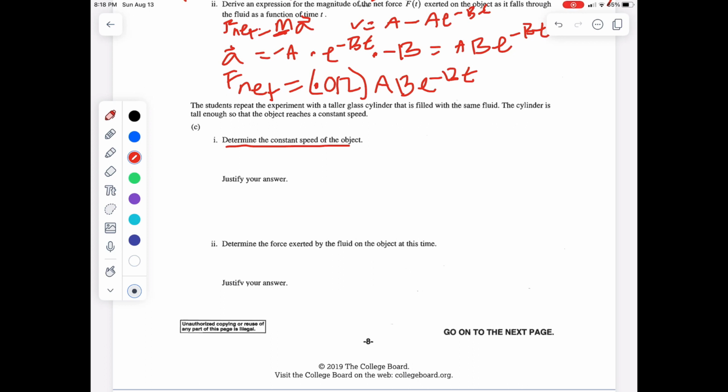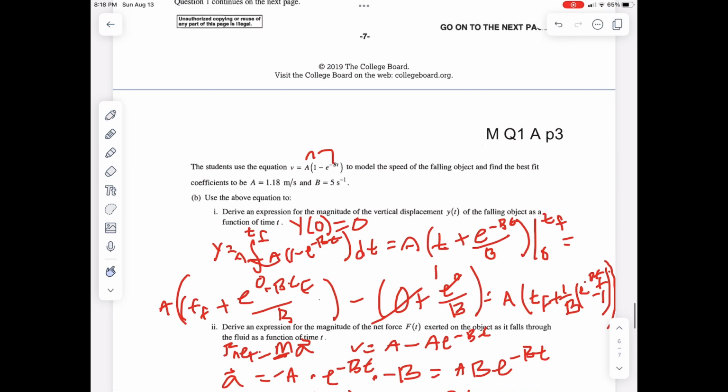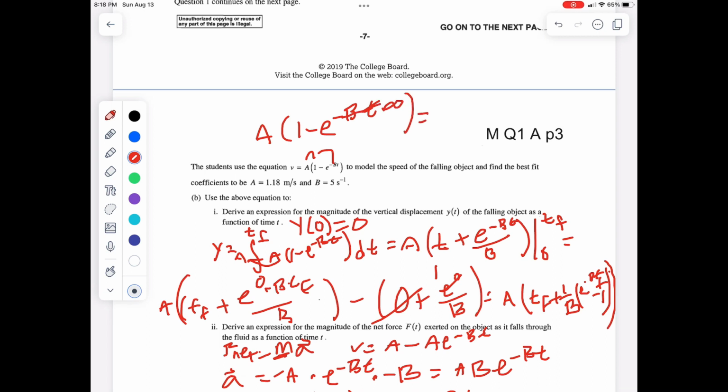So if we just do the limit as t goes to infinity of my velocity, well, let's take a look at this. So if I have a times 1 minus e to the negative bt, if this turns into infinity, this isn't proper notation, but then I would have a times 1 minus 1 over infinity.